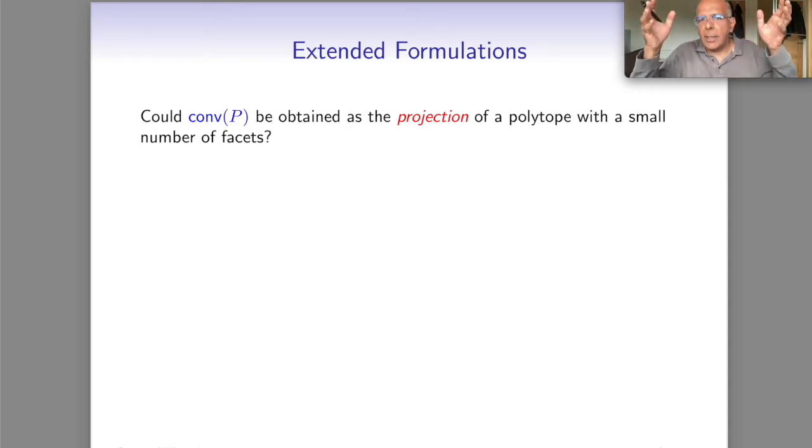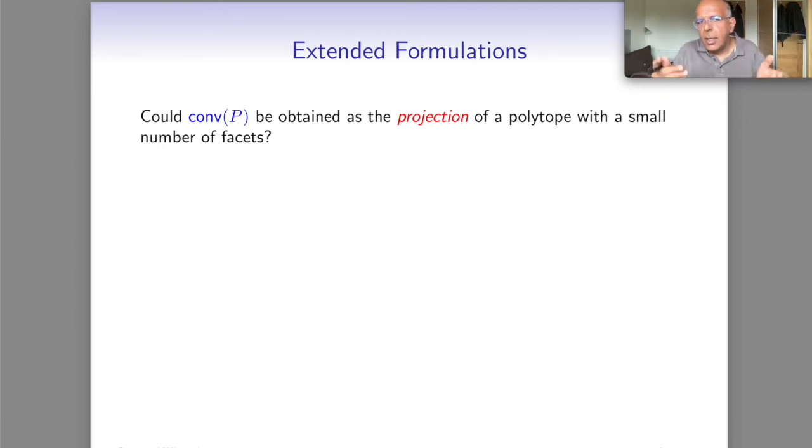could it be obtained as the projection of a polytope of higher dimension, but which has a smaller number of facets? Now, this is a fascinating thing. I'll leave it as an exercise. You can construct polytopes in Euclidean space of a small number of dimensions whose projection onto lower dimensions has a greater number of facets.